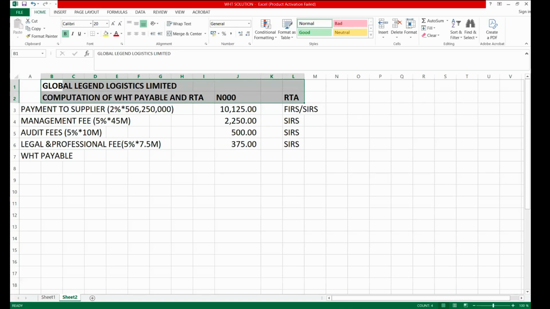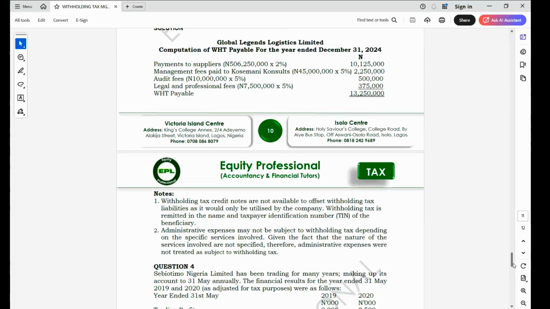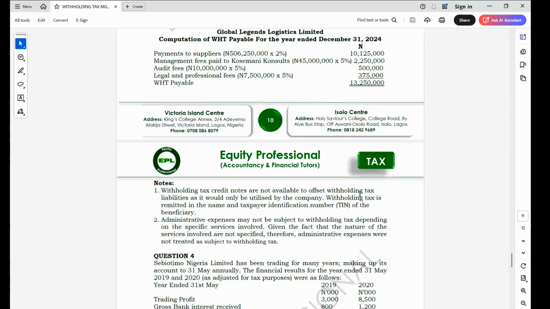So any question? So you can see, under this thing, note the withholding tax credit notes are not available to offset withholding tax liability as it will only be utilized by the company. Withholding tax is remitted in the name and tax identification number of the beneficiary. Administrative expenses may not be subject to withholding tax depending on the specific services involved. Given the fact that the nature of the services involved are not specified, therefore, administrative expenses are not treated as subject to withholding tax.